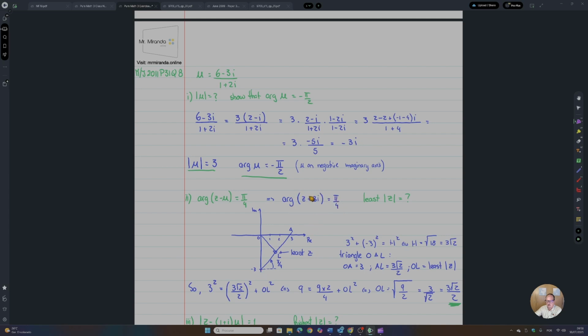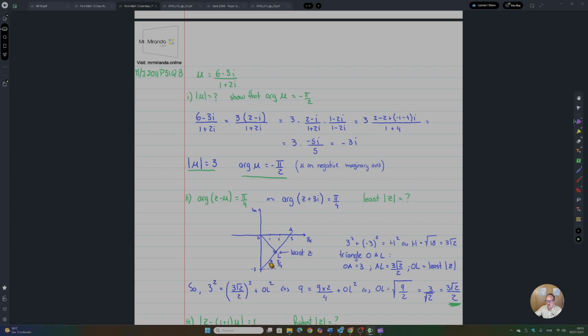So what does this mean? In relation to this reference point, the minus 3i, you will have a line that makes an angle of pi over 4 in relation to a straight horizontal line that passes through this point. Okay, a line parallel to the x-axis, and the argument is pi over 4.